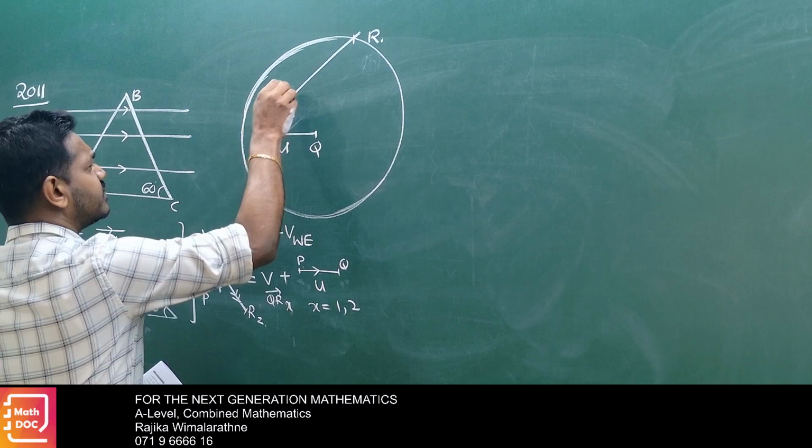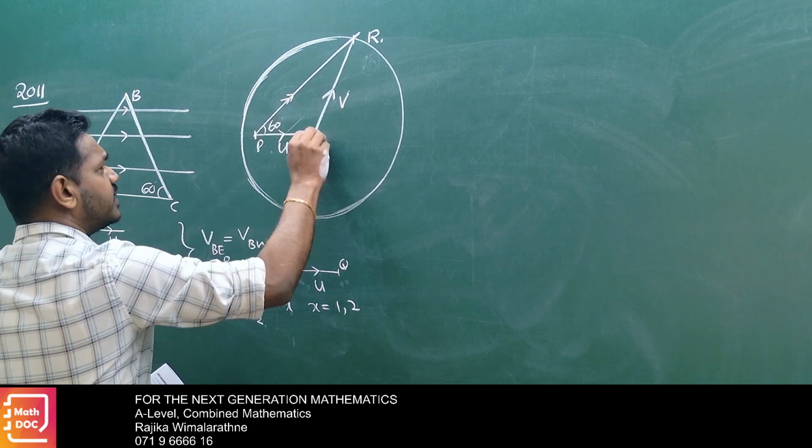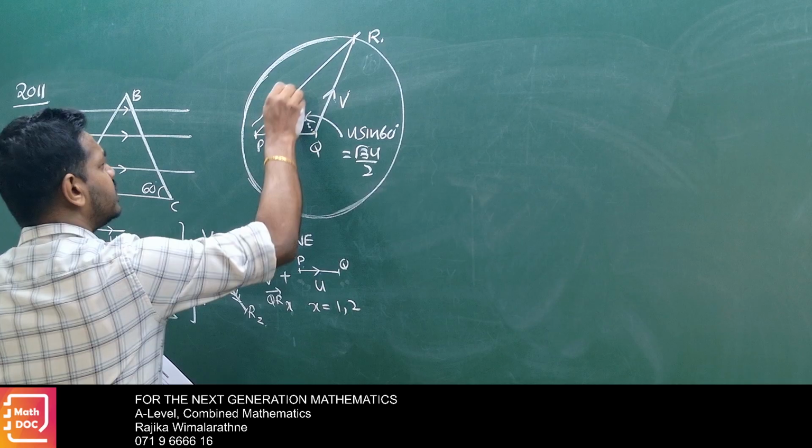Then complete the circle, complete the triangle, here V. We can find it easily by this construction. Here U sin 60, root 3 U over 2. Here this is U cos 60, U over 2.